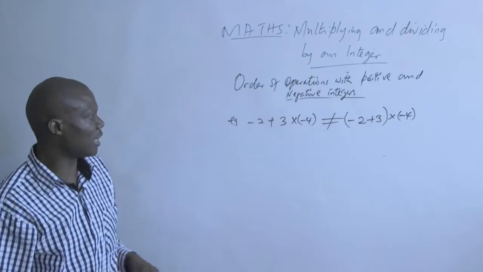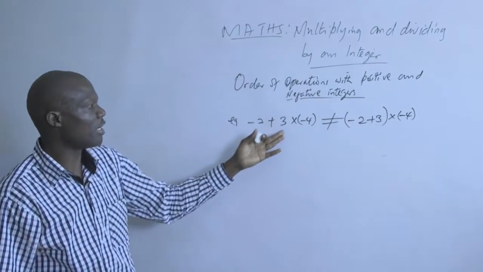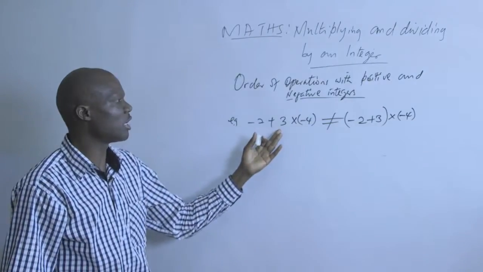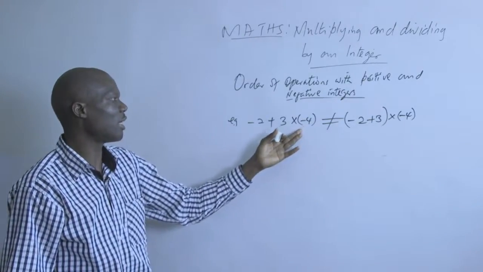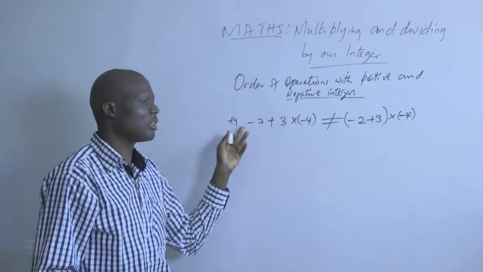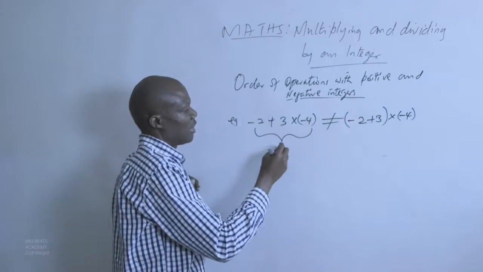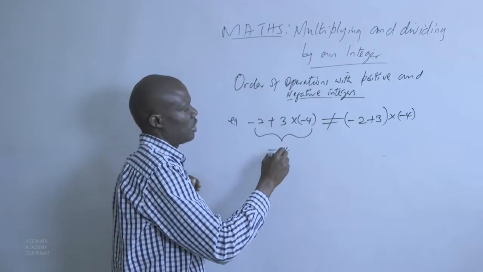Why am I saying that? This one is negative 2 plus 3 times negative 4, which means it's 3 times negative 4 first, that is minus 12. Minus 12 plus negative 2 gives us negative 14.